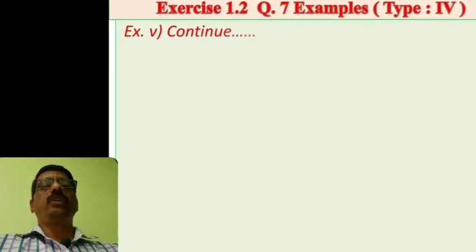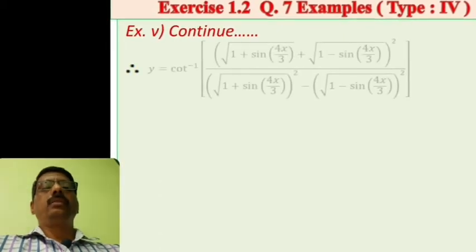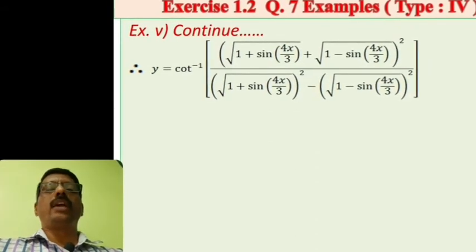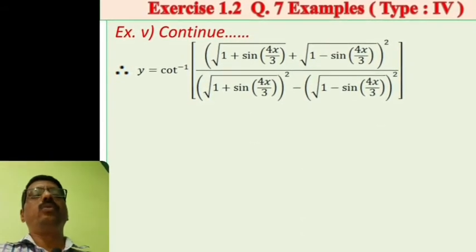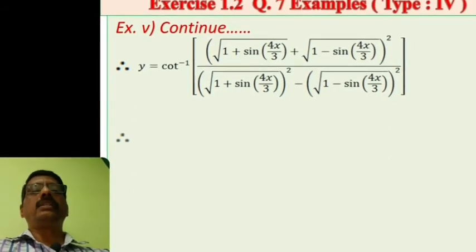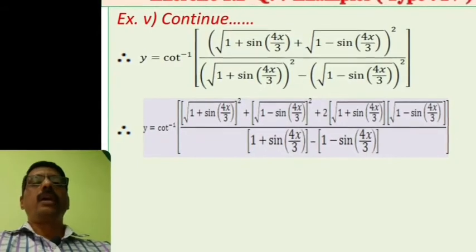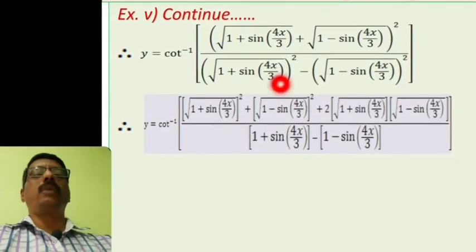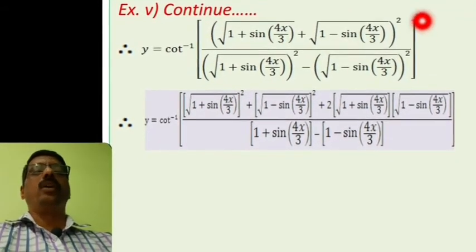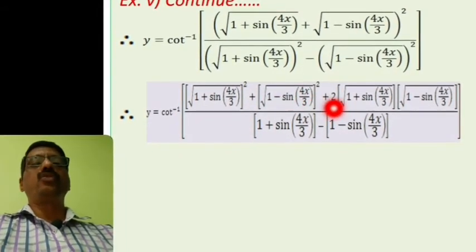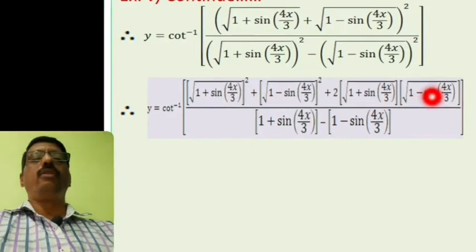Now continue this example from the last page. Example number 5, continued. The given function in the last step is y equal to our last step. Now taking the next step of the given example, y equal to cot inverse of. Again here we implement the formula a plus b bracket square, that is a square plus b square plus 2 into a into b.